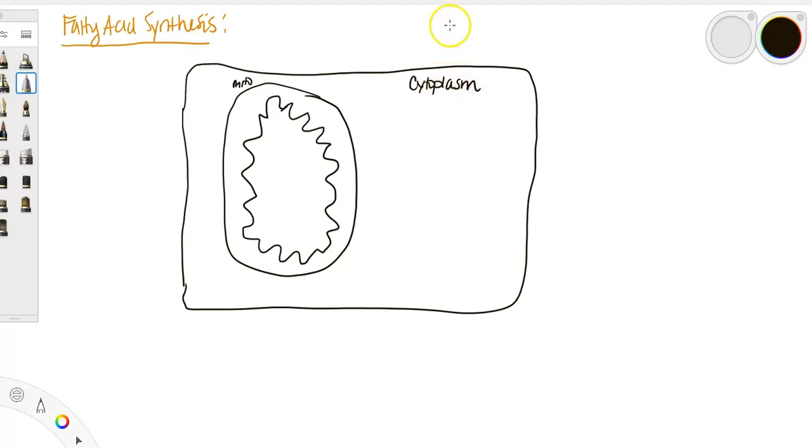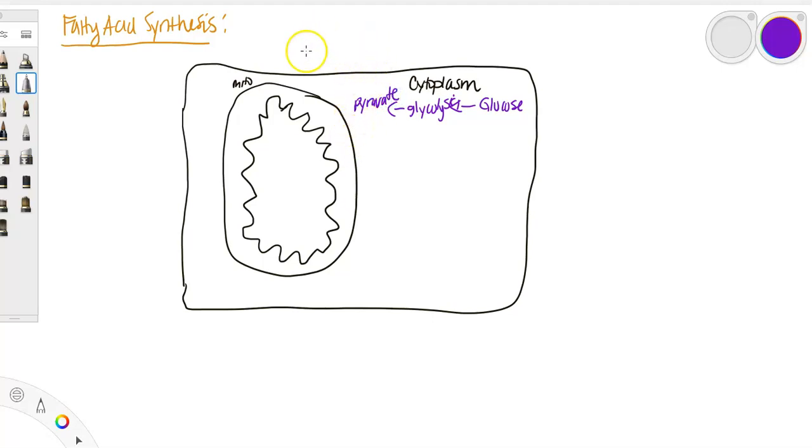All right, and what occurs in the cytoplasm? Well, glycolysis, right? So if you have your glucose, and it's going through glycolysis, you get pyruvate.